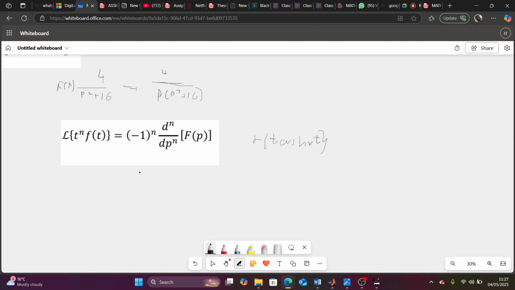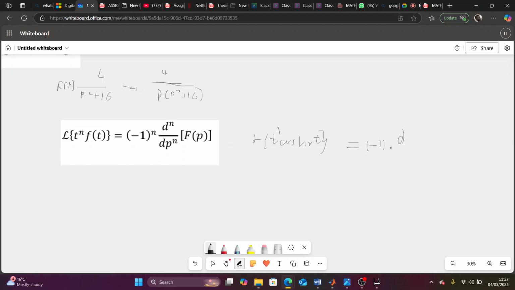Oh, yes, Mr. Trinici, what do we do here? The formula says here it is minus 1 to the power n. So in this one, what is our n? It is 1. Do you see, my brother? So it's going to be minus 1 to the power 1, which is minus 1. N is the power of t. And then d^n: if this one is 2, you're going to differentiate twice.